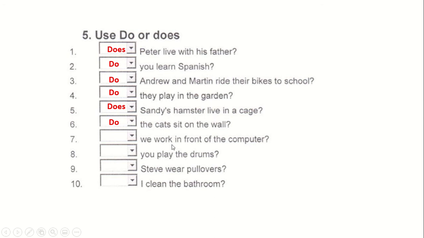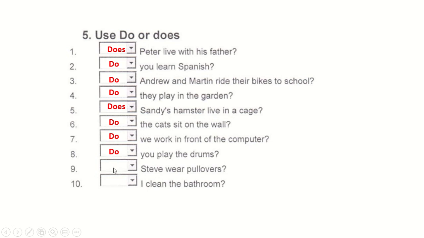Number 7, we work in front of the computer. We, what should we use here? Do. Excellent. 8, you play the drums. What should we use? Do. Very good. Why? Because we have you.